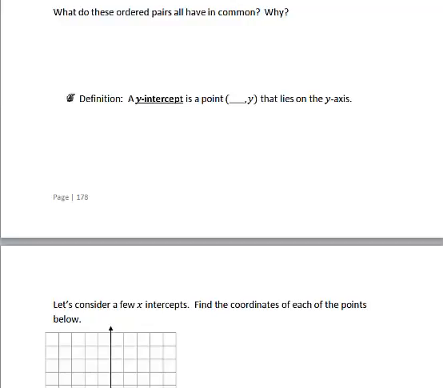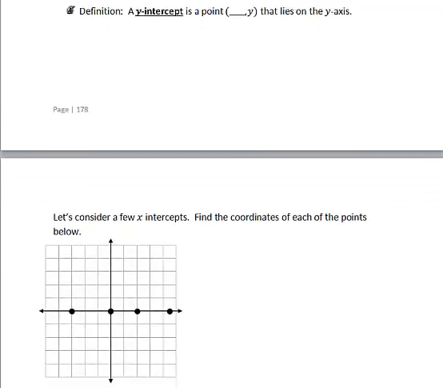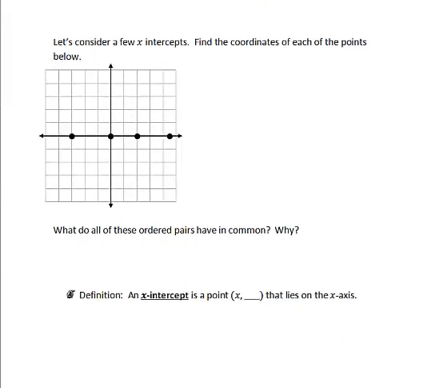So you probably have a pretty good idea of where we're going to go with this next figure. Now we have a two-dimensional coordinate system, x-axis, y-axis, and now all of our points lie on the x-axis. This one actually lies on both of them, so this one's sort of special.